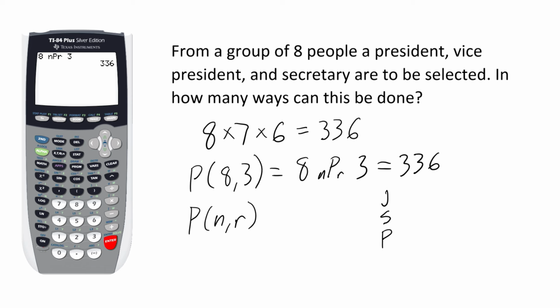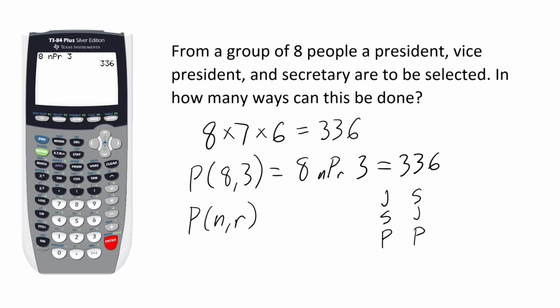But we could rearrange those. Let's say S is the president, J is the vice president, and P is the secretary. It's the same 3 people, but in a different order. They have different positions now, and so that's counted as an additional way in which this can be done because the positions are different.